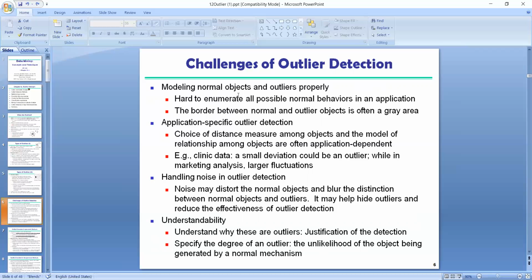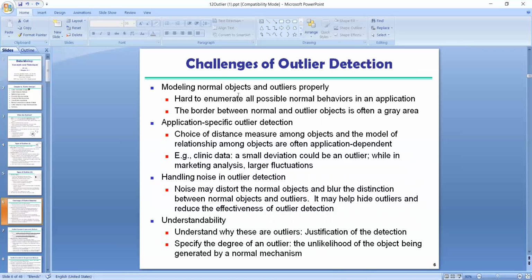It is hard to enumerate all possible normal behaviors in an application. So we need to know the border between what is normal and what is an outlier. If it shows this kind of behavior, then it is normal data. If it shows this kind of behavior, it is outlier data. That modeling is a little difficult. Keeping that boundary is difficult in outlier detection.